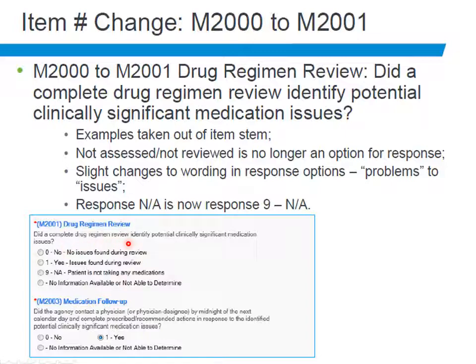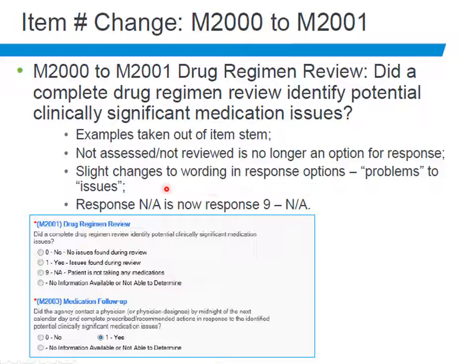And remember that a drug regimen review is required of every single patient in home health, regardless of payer source. Not assessed or not reviewed is no longer an option because it is required of every single patient, regardless of payer source and regardless of clinician type that's doing the assessment.